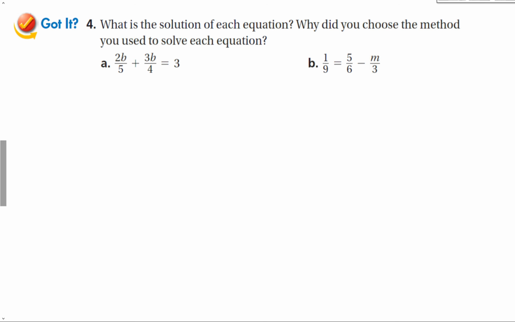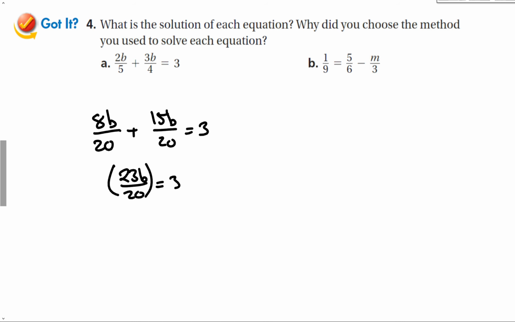So the first method was to find the common denominator, which is going to be 20. So that turns into 8b over 20 plus 15b over 20 is equal to 3. Hopefully I didn't make a mistake there. 8 plus 15 is equal to 23, whoops, 23b over 20 is equal to 3.